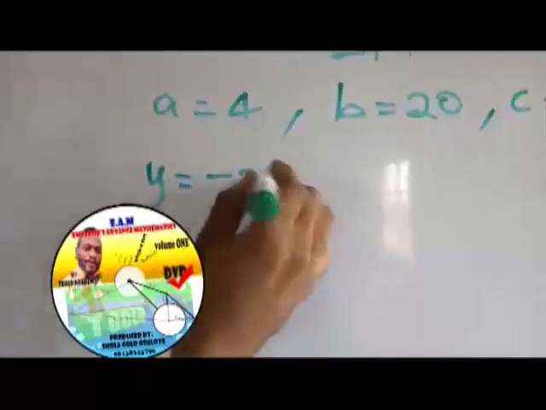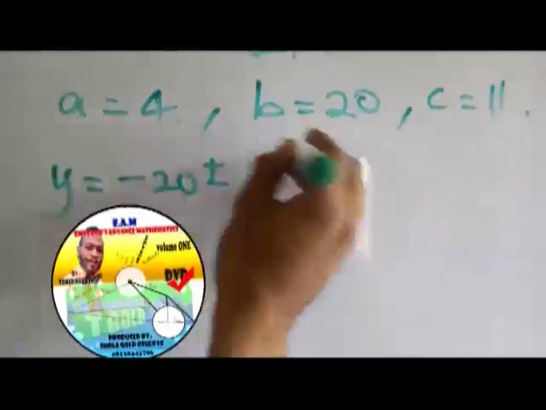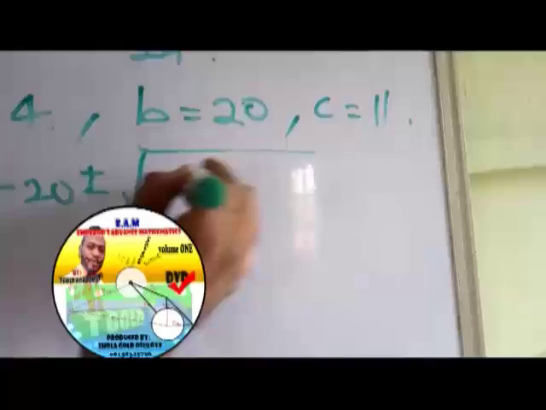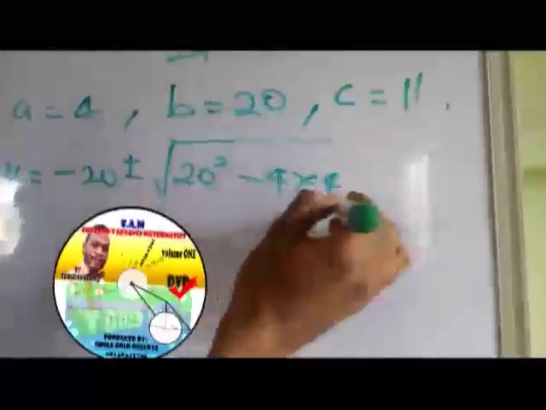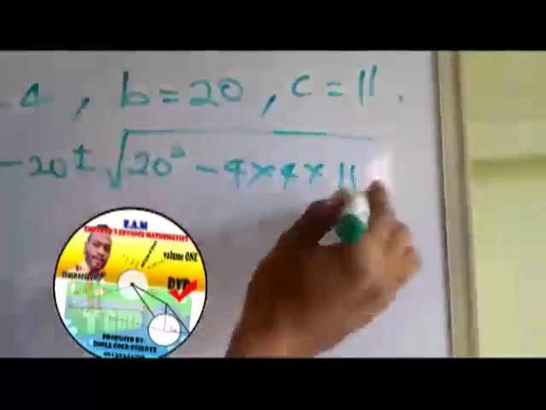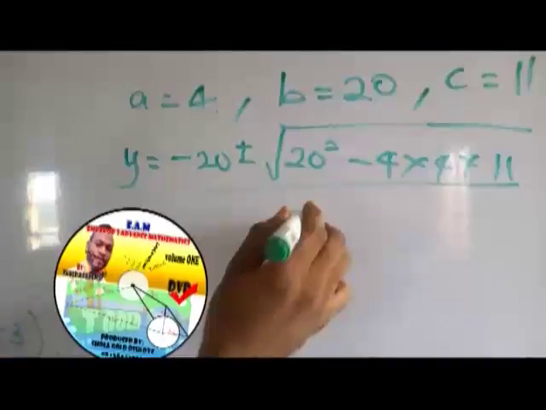I'm going to have y equal to minus 20, because b is 20, plus or minus square root of 20 squared minus 4 times a, which is 4, times 11, over 2 times 4.